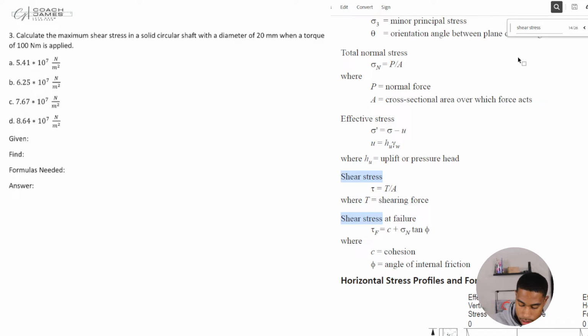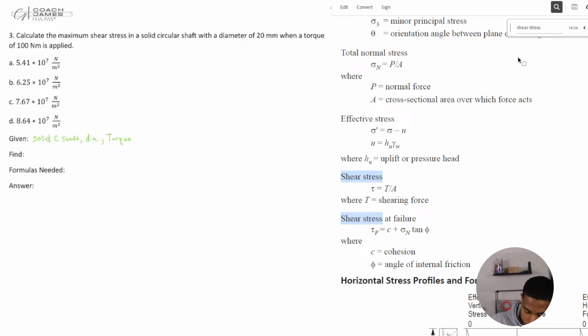first of all, what am I given? Well, I am given a few things. So I know it's a solid circular shaft. That may be important given the diameter. And I'm also given the torque. Okay.